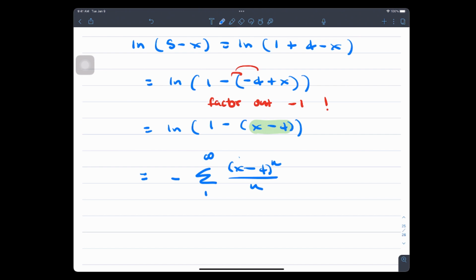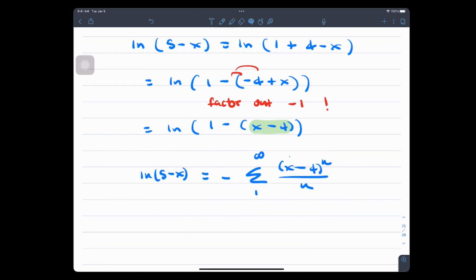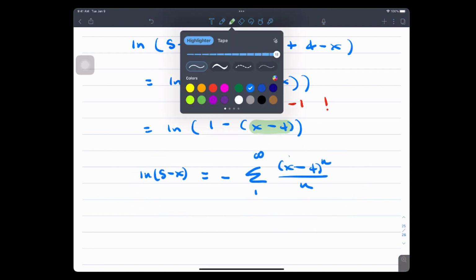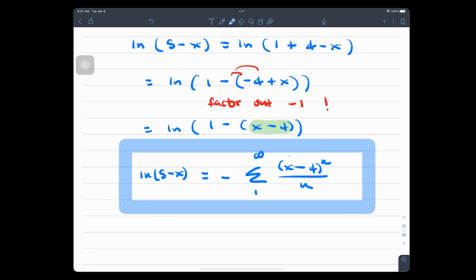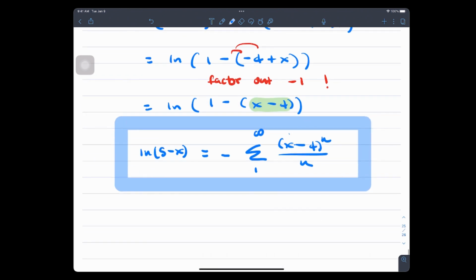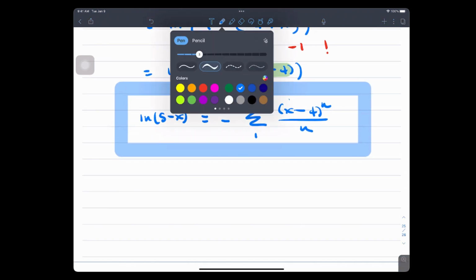Now that's your power series expansion. This is what they're looking for. Now, I also have to say this.